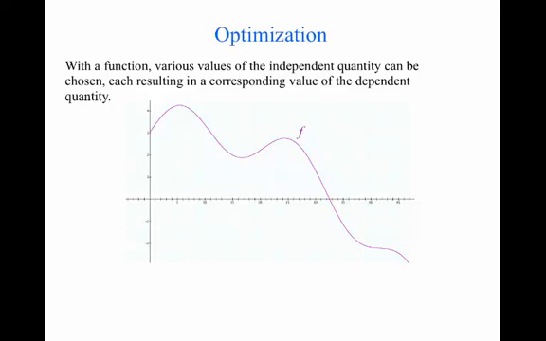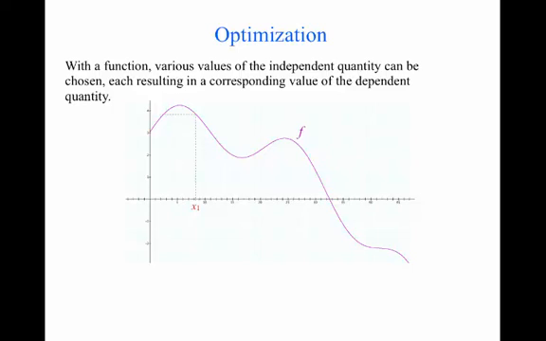All right, so we're going to talk about optimization. We're going to make use of all this work we did with critical values. With a function, this is the general idea of optimization. Various values of the independent quantity can be chosen, each resulting in a corresponding value of the dependent variable.